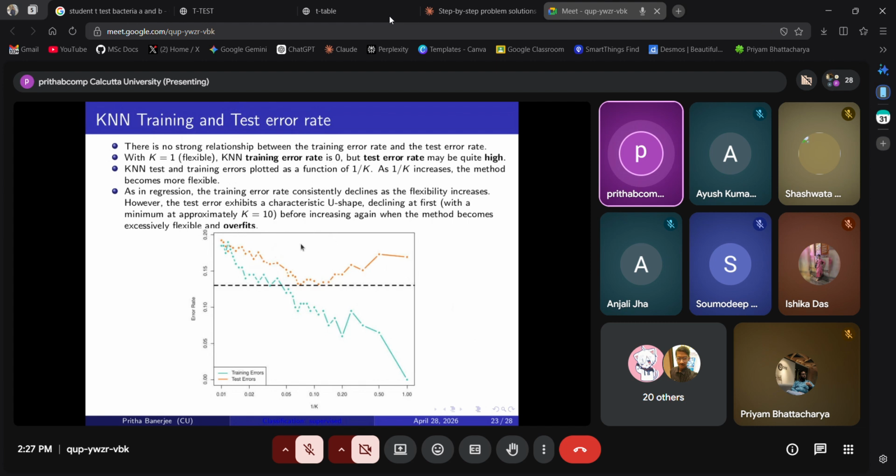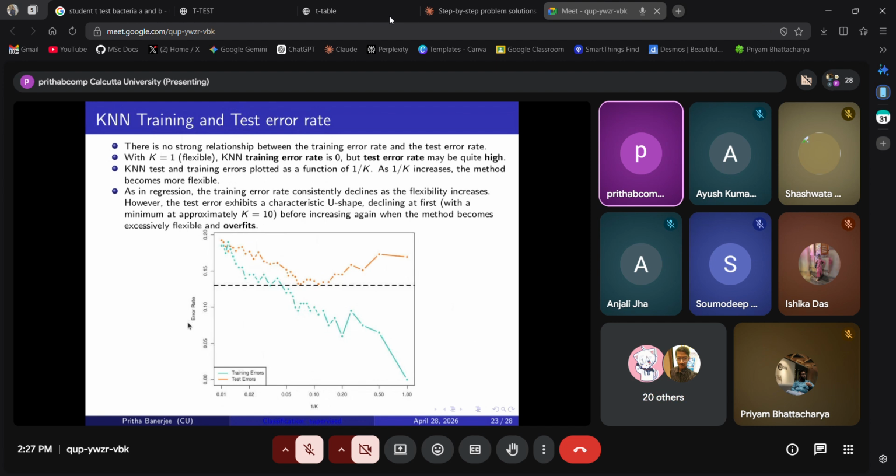This kind of graph we have also seen for linear regression. So this is the diagram. On the x-axis we have 1 upon k. As you increase the values of k, 1 upon k becomes smaller and smaller.